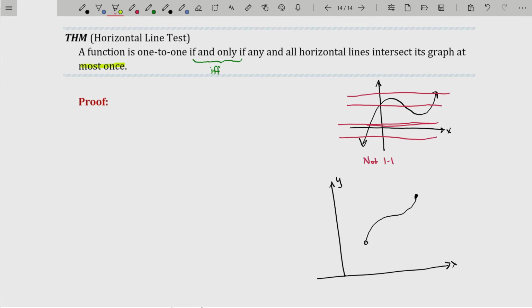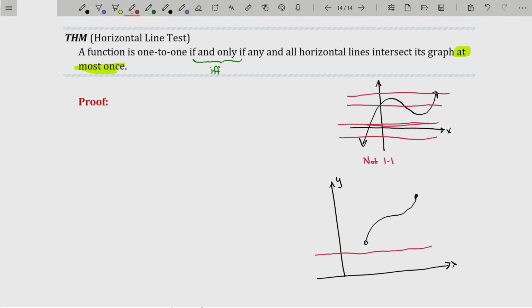That at most is very important because think of numbers that are at most 1. 0 and 1. Those are two whole numbers that are at most 1. Well, here's a horizontal line. Sorry that is skewed. I just drew that kind of sideways. There's a horizontal line. It's parallel to the x-axis.